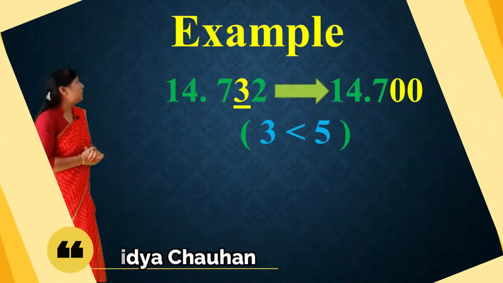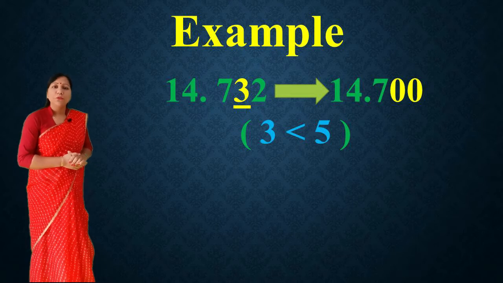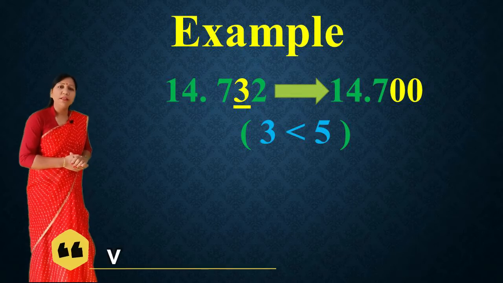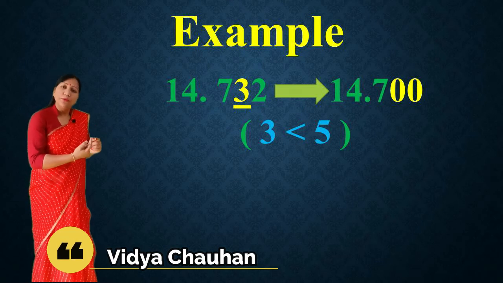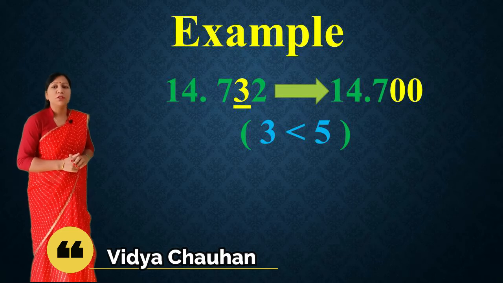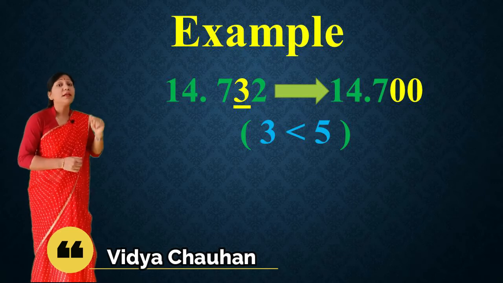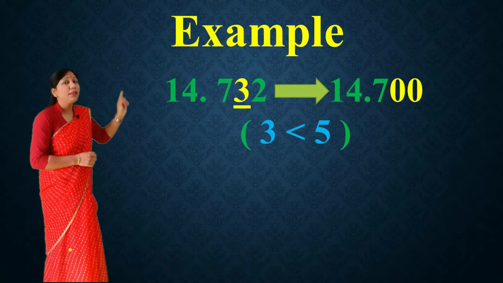For example, the number is 14.732. Now you have to round off to 1 decimal place. So what will we consider? We will consider its 100th place digit. The 100th place digit here is 3.